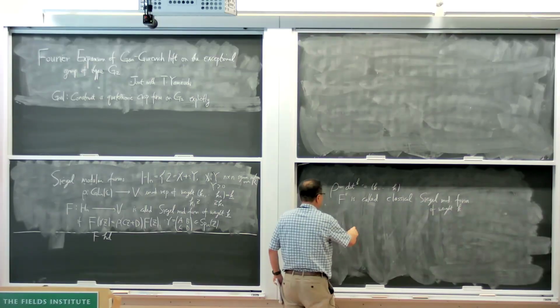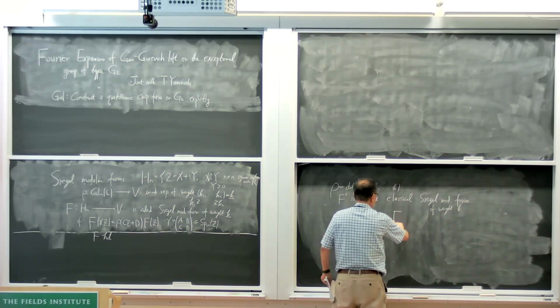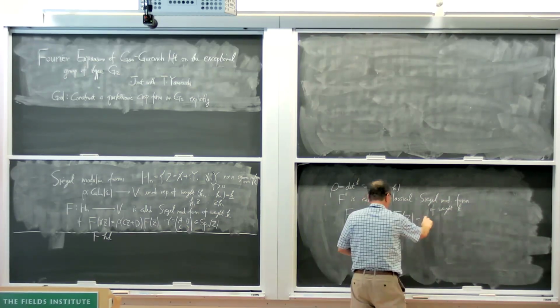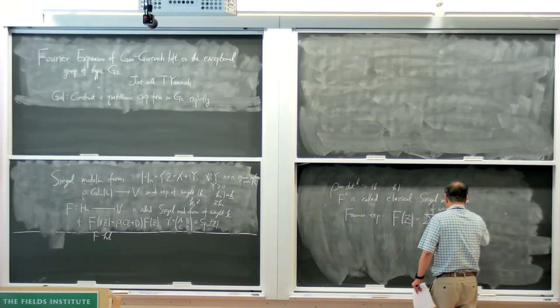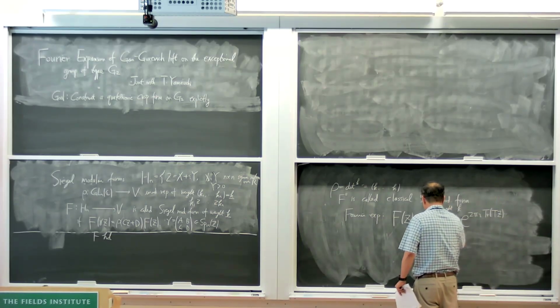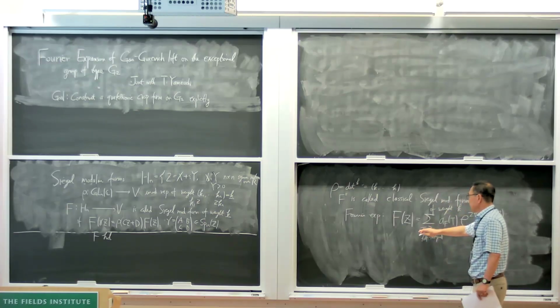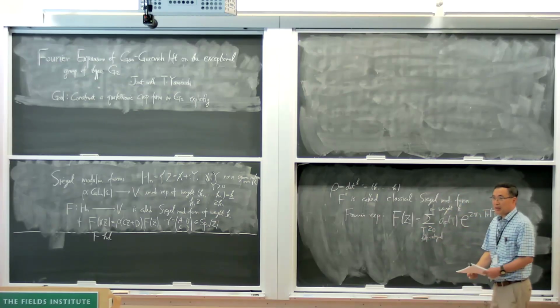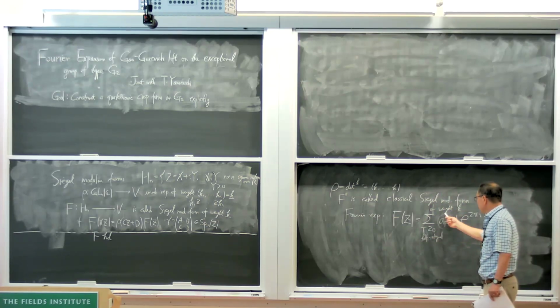And it has a Fourier expansion, where the exponent is 2 pi i trace of T Z. Here T is half-integral positive semi-definite. If it is a cusp form, it will be just the sum over positive definite matrices. And these are called Fourier coefficients.